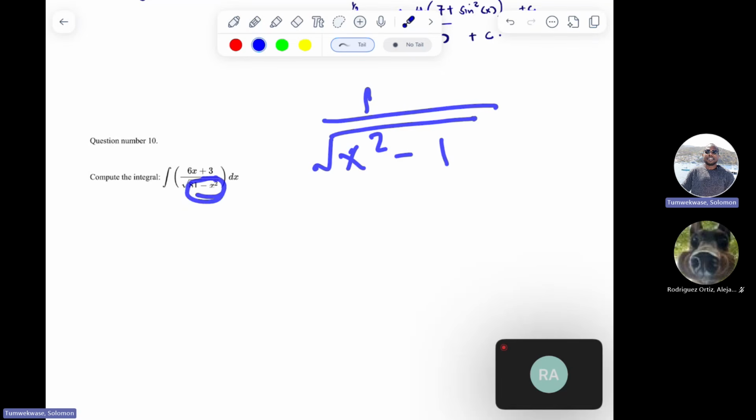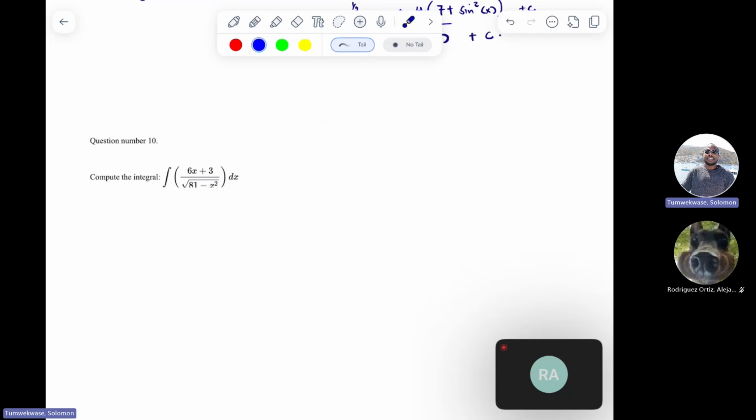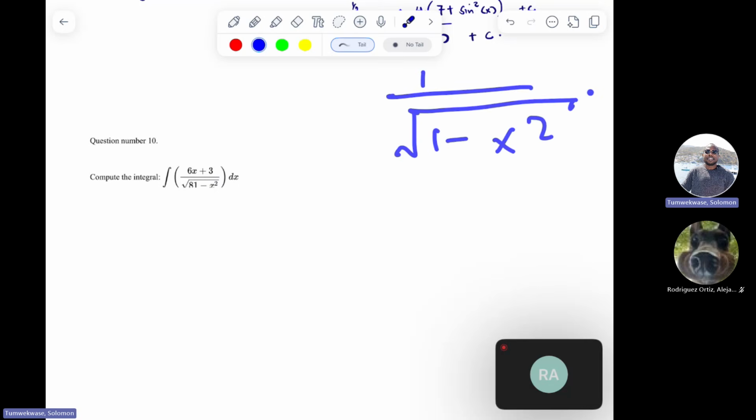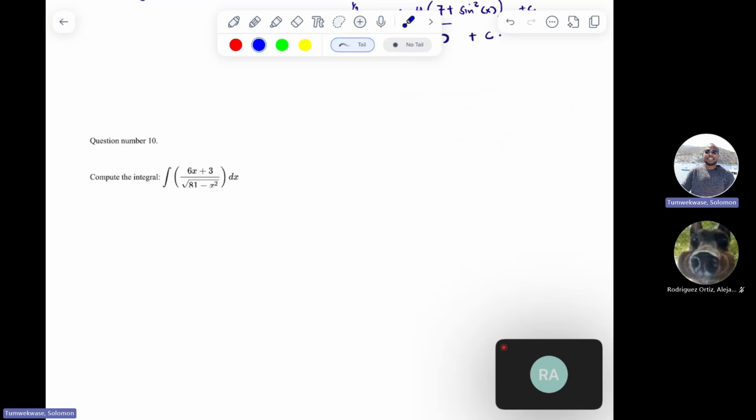So I see something like that here, right? So that should be arc sine. So I see that this looks like that. So I want to modify this denominator such that instead of 81, I have a 1, then minus something squared.